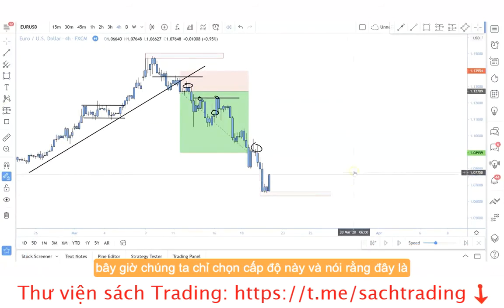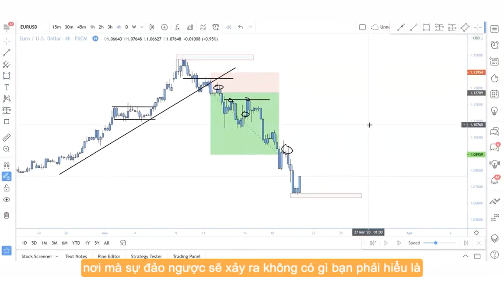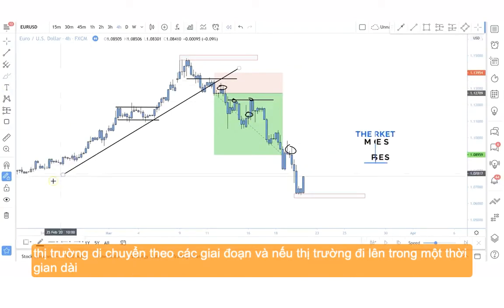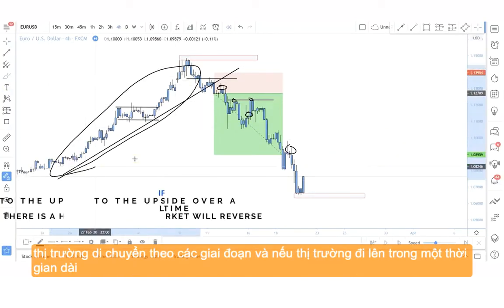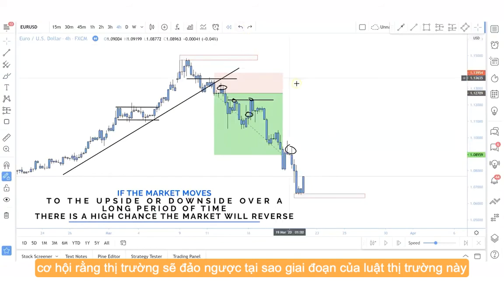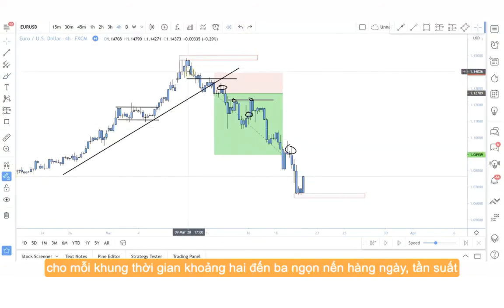Let's drop this in. Now, are we just willy-nilly picking this level and saying this is where the reversal is going to happen? No. What you have to understand is that the market moves in phases, and if the market moves to the upside over a long period of time or to the downside for a long period of time, then there is a very high chance that the market's going to reverse. Why? Well, the phase of this market on the 4H time frame is roughly around 2 to 3 daily candles.